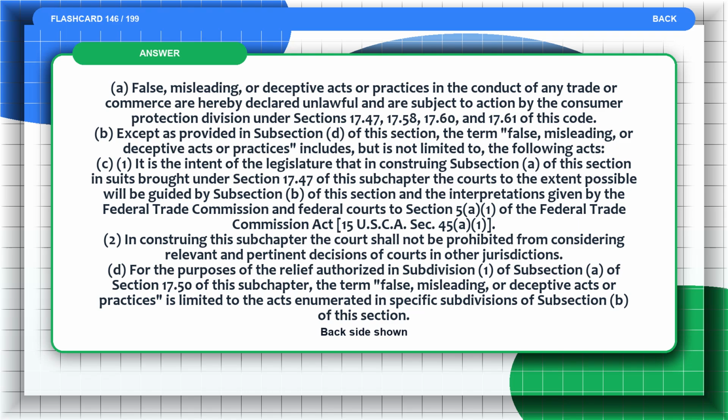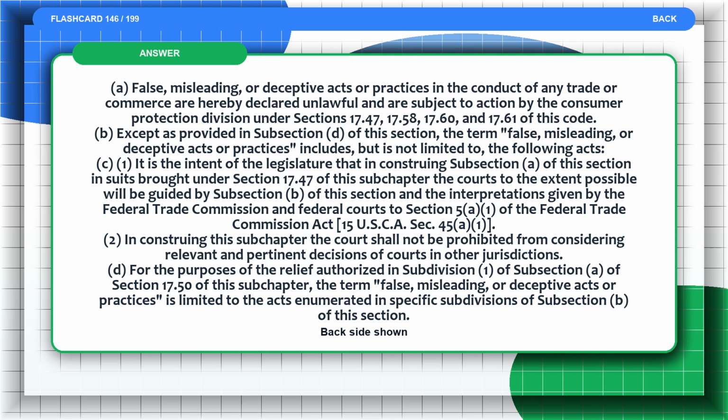The answer is, (a) False, misleading, or deceptive acts or practices in the conduct of any trade or commerce are hereby declared unlawful and are subject to action by the Consumer Protection Division under Sections 17.47, 17.58, 17.60, and 17.61 of this Code. (b) Except as provided in Subsection (d) of this section, the term "false, misleading, or deceptive acts or practices" includes, but is not limited to, the following acts.